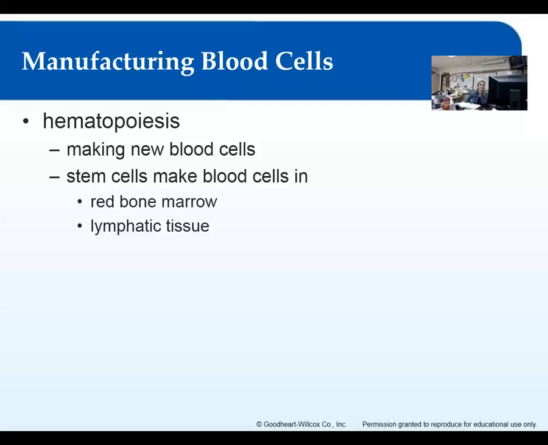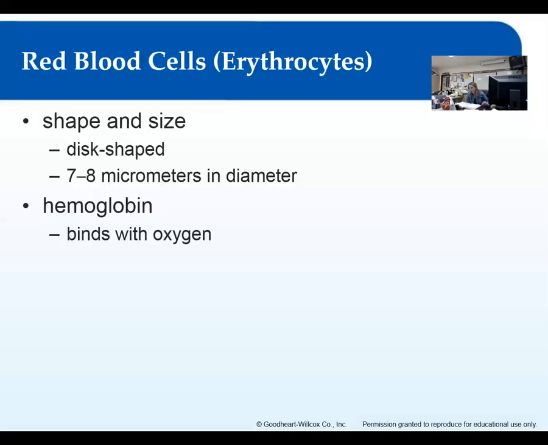Sternum is the one I couldn't think of. So these produce stem cells and blood cells. Lymphatic tissue is the other place, but for the most part, we see them in the red bone marrow. There's a picture on page 339 if you're still in your book, and at the top of that page it shows you where you find that red bone marrow.